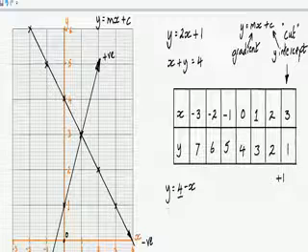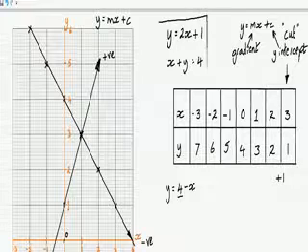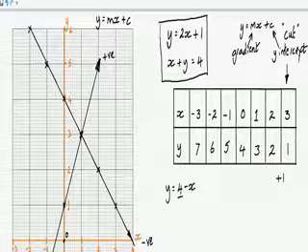Now, if this had been a simultaneous equation and they said solve the simultaneous equation for these two lines, where the two lines cross is the solution.